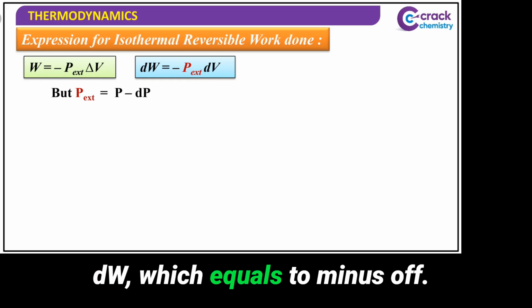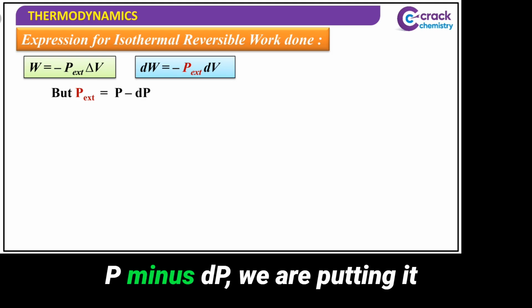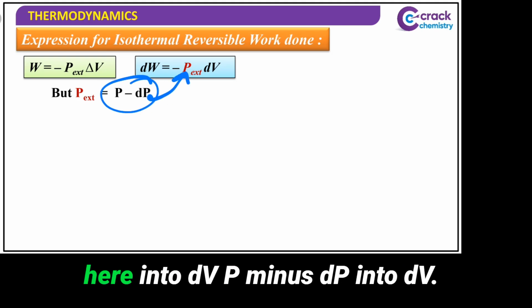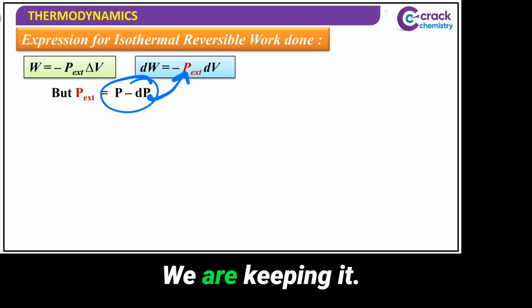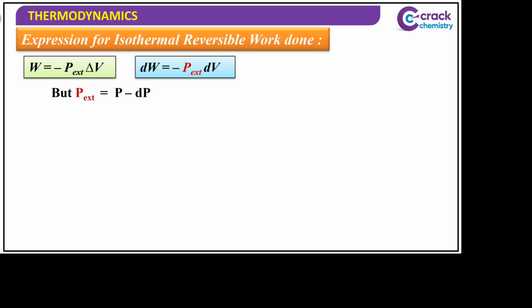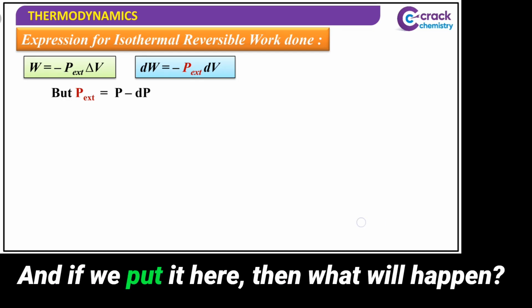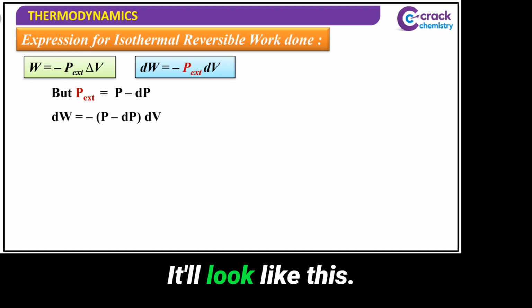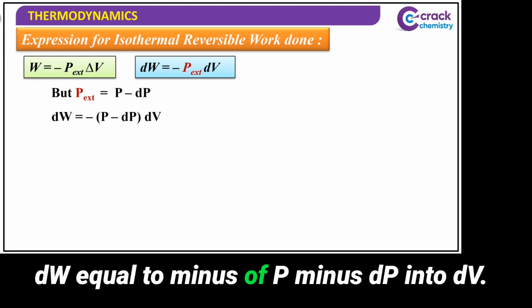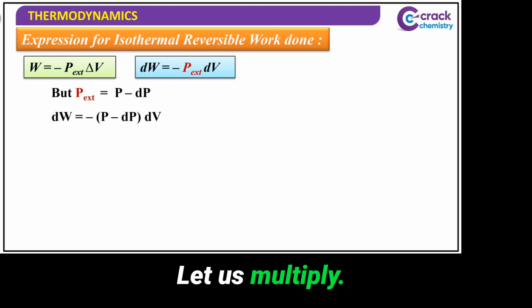So let us put it here. dW is equal to minus of P minus dP, into dV. Let us multiply.